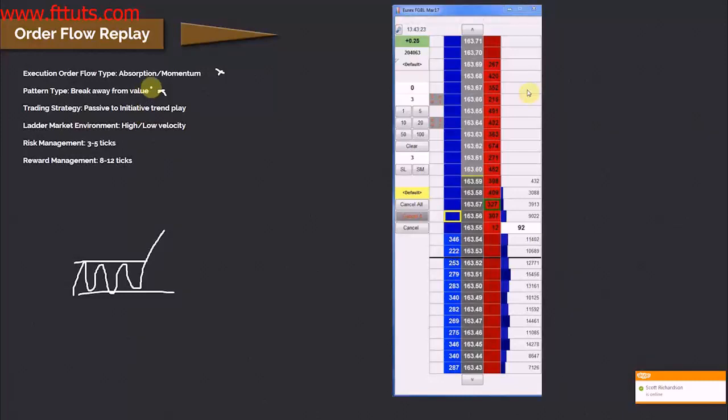But other than that, it's a passive to initiative trend play. The market environment is high to low velocity, with risk management of 3 to 5 ticks, and depending on the structure, like I just showed you guys, it can be 8 to 12 ticks potential reward on the trade. But let's just get straight on into it.